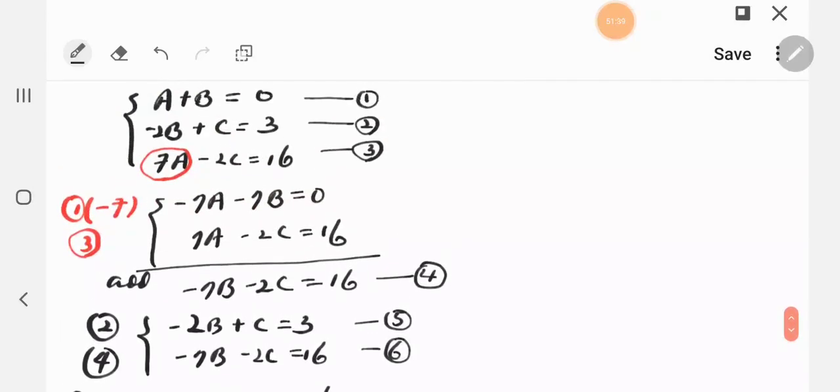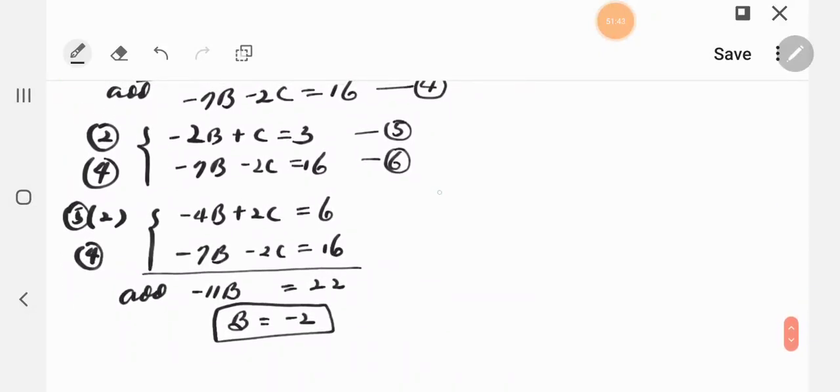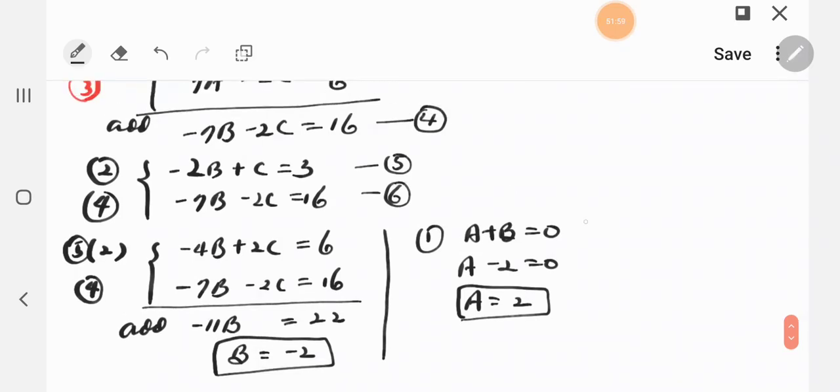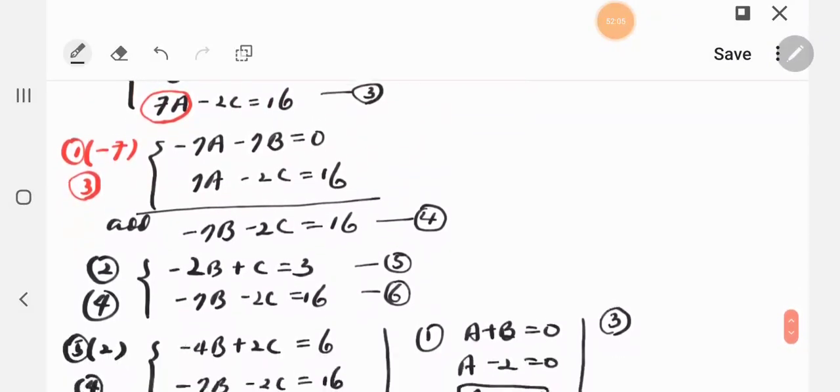Then let's use the first equation to find a. A plus b is equal to 0. B is negative 2, so a equals 2. So we found the a value. And then let's find c from the second equation.